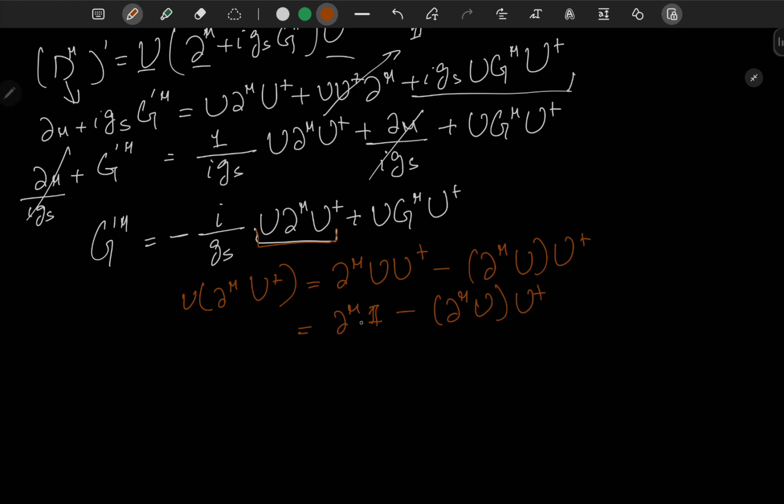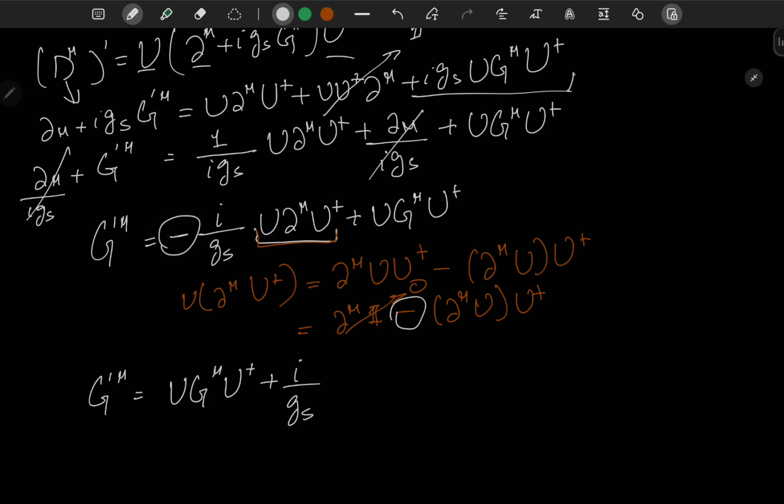So this will go to 0, and eventually we will get our g mu prime equal to u g mu into u dagger plus iota upon gs, because this minus with this minus will give us a plus, and we will have a u d mu u into u dagger.